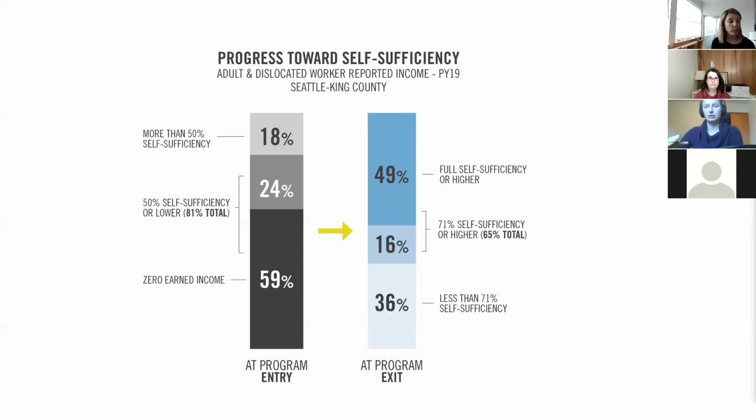So it's already bettered that person's situation. So it could have been completion of training. It could have been getting a job in a better field. It could be many reasons, but there's an increase in income overall. Then you see 16% are over 71% of self-sufficiency, and then 49% exit the programs at full self-sufficiency.